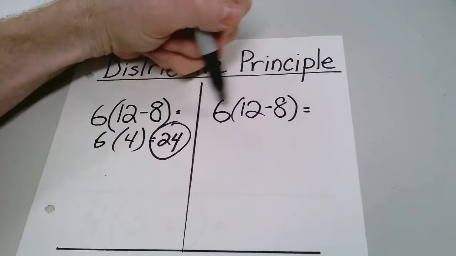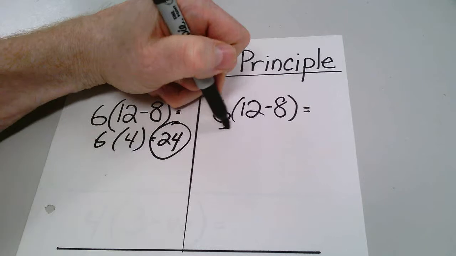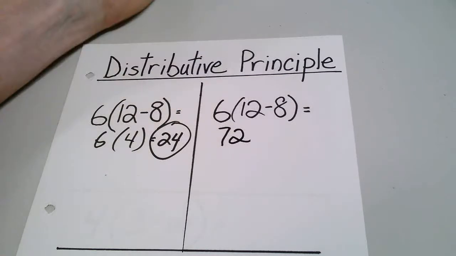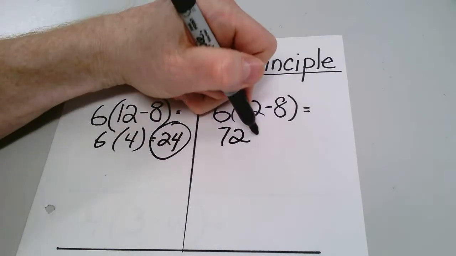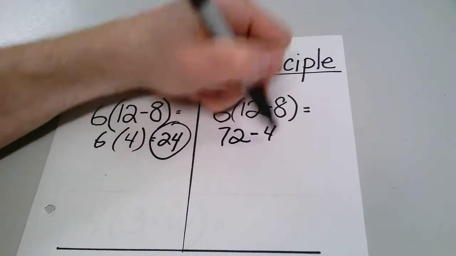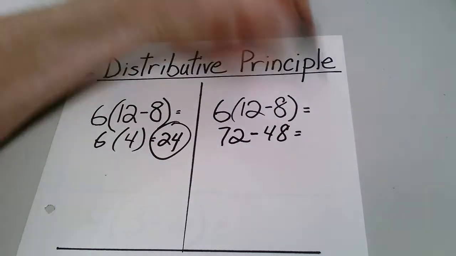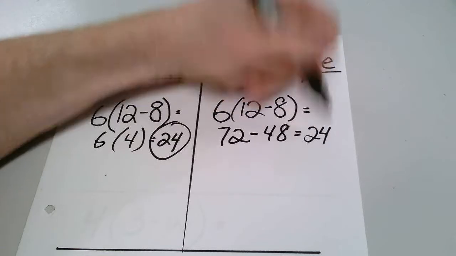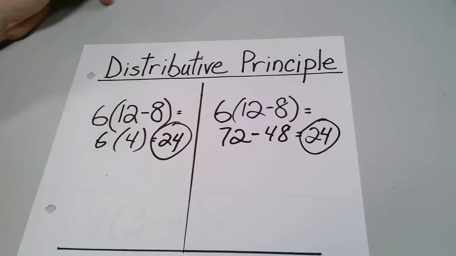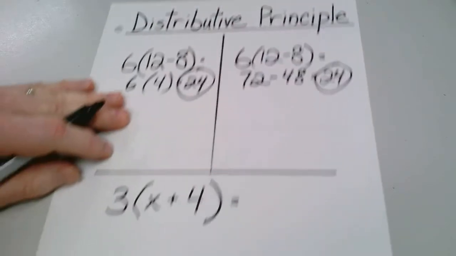So here's how it looks. 6 times the 12 is 72, minus 6 times the 8 is 48, and 72 minus 48 is 24. Come up with the same answer. So that's the distributive principle.